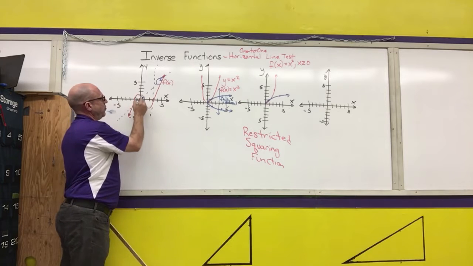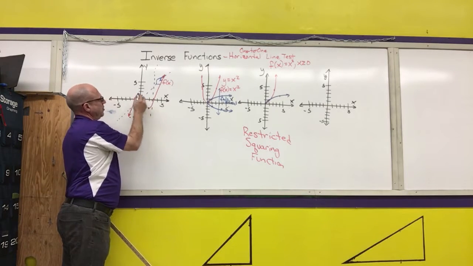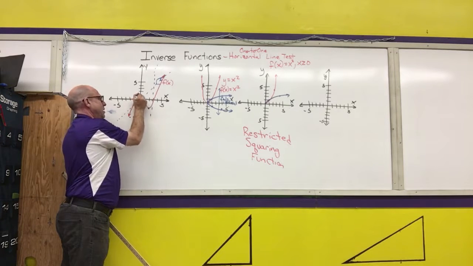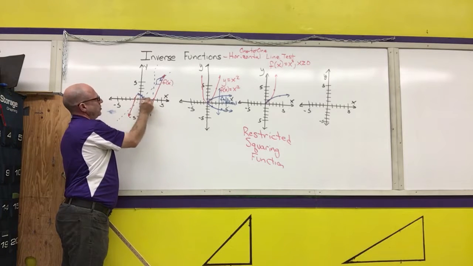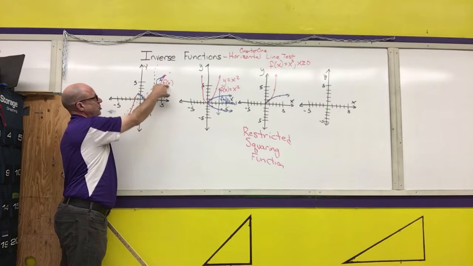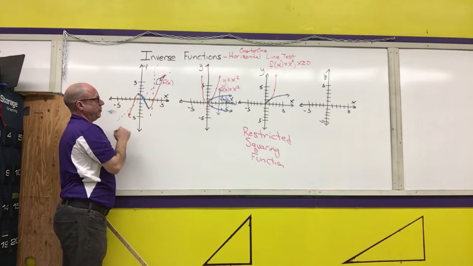For example, on this first graph, if I were to restrict the domain between negative 1/2 and positive 2, this portion of the graph does pass the horizontal line test, and I can have an inverse that is the restricted f of x function in between here and here.